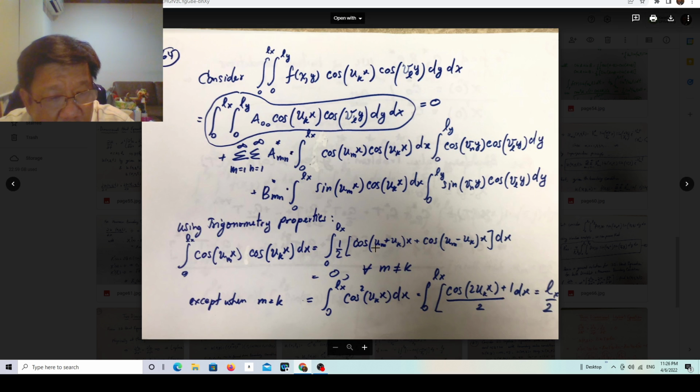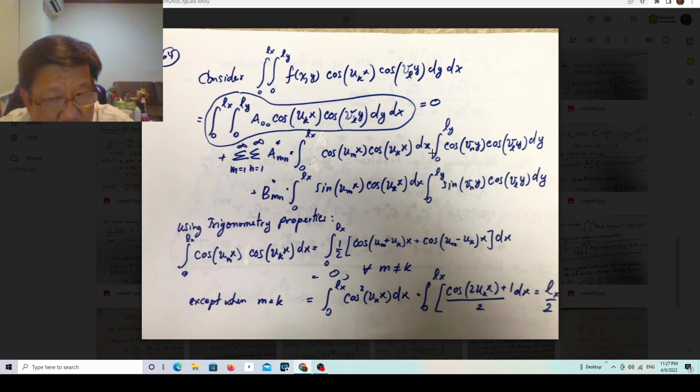Which means that for the first term over here, when m is not equal to k, you end up with this cos, both the first term and the second term also, when n is not equal to k, there's only one thing that you get, that when you get L sub x divided by 2 over here, and in the second term over here you get L sub y divided by 2.